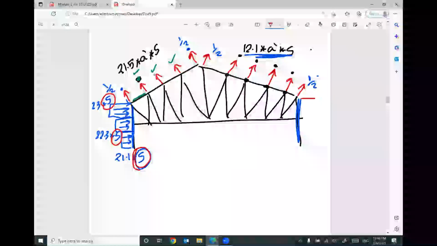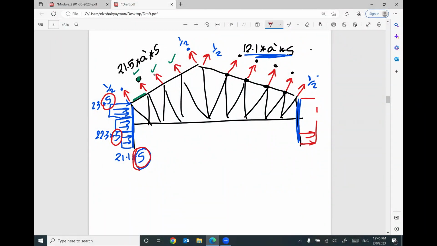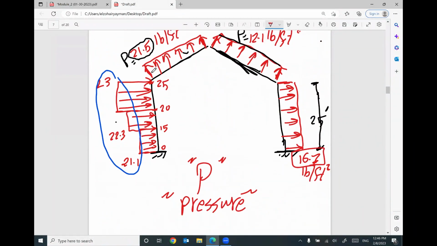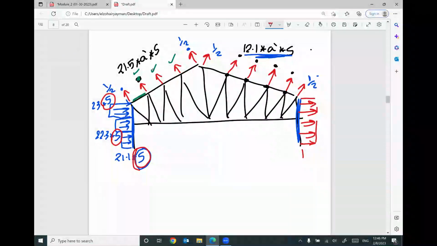Also on the other side, I will have uniform distributed load suction. How much does this value equal? This pressure, 16.7 times S. This is the truss that will be solved by RISA for wind.